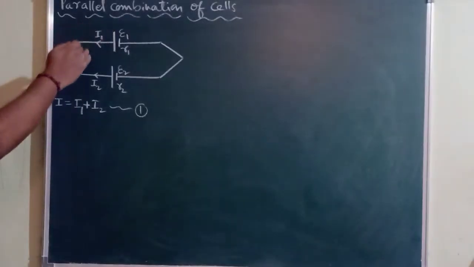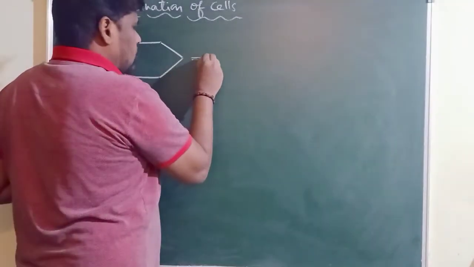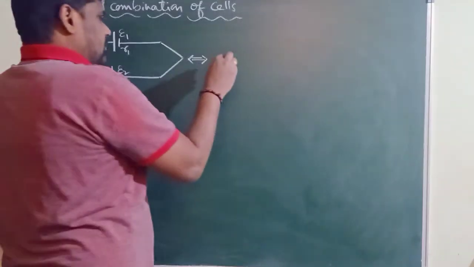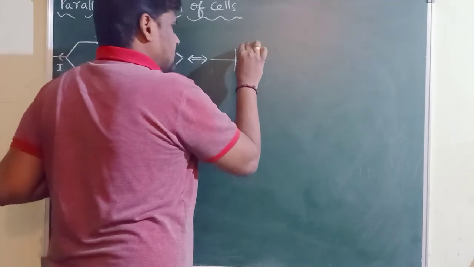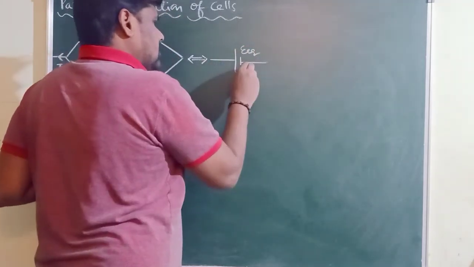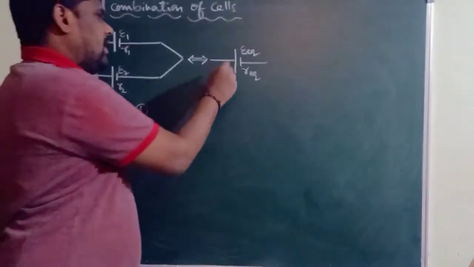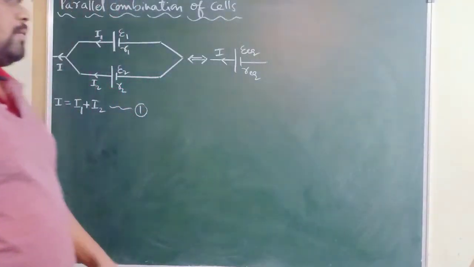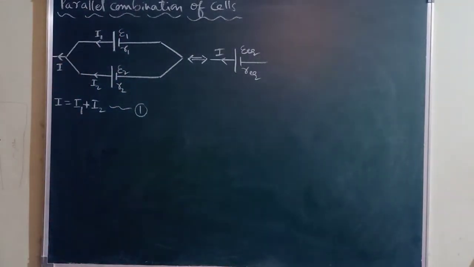Two cells which are connected in parallel combine to form a single cell, and its EMF is called the equivalent EMF. Its internal resistance is R equivalent, and the total current drawn from the two cells connected in parallel is given by I here. Concentrate here.